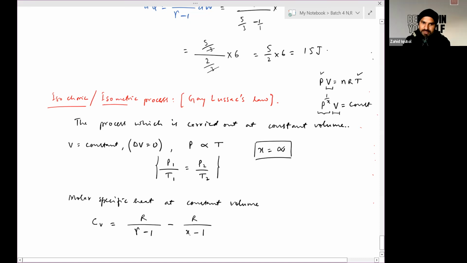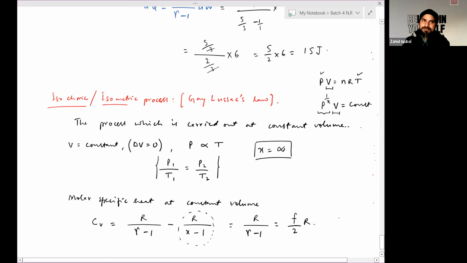If x is infinity, then infinity minus 1 will be infinity, and 1 by infinity will be 0. So this entire term will get cancelled out. So you're left with just R by gamma minus 1, or in terms of degree of freedom, it will be F by 2 times R.